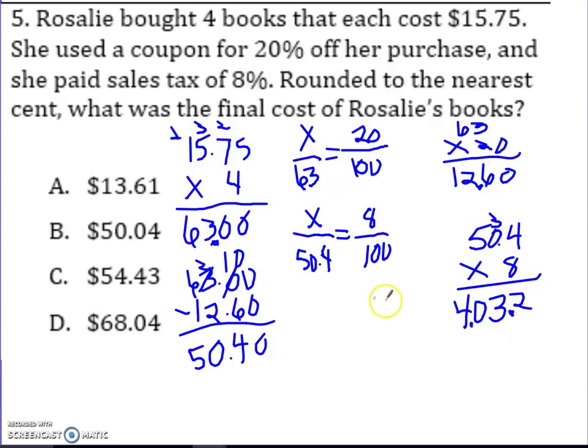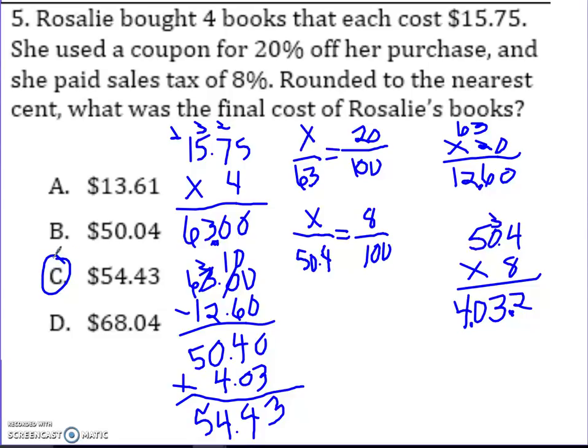You get $4.03. Now, you take your tax and you add it. So $4.03 gets you 3, 4, 4, 5. $54.43, which is C.